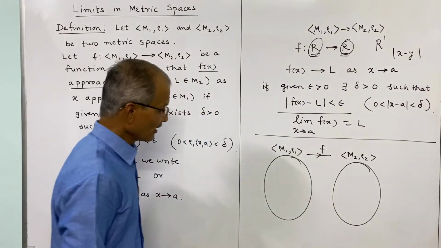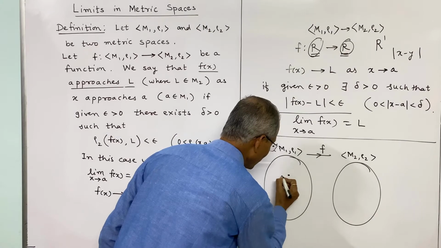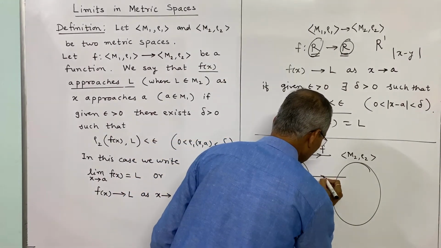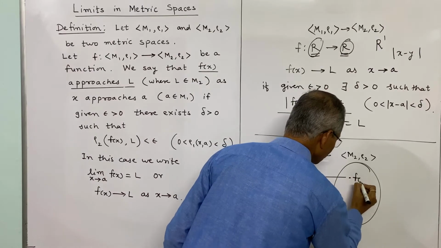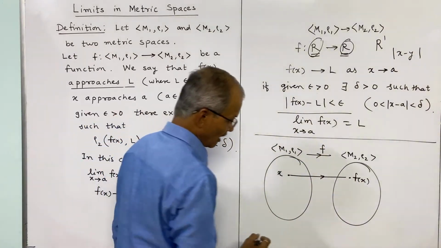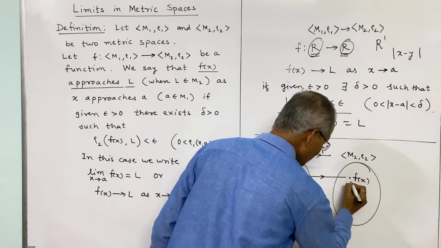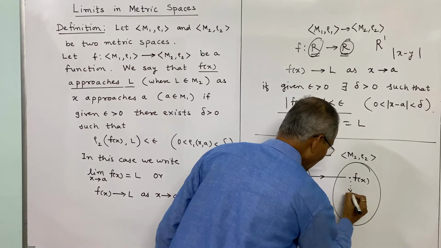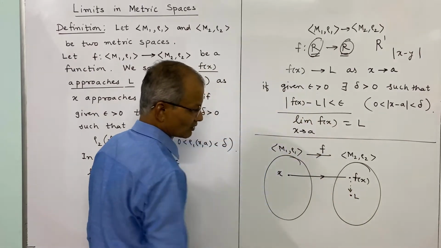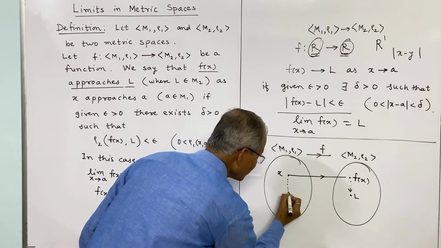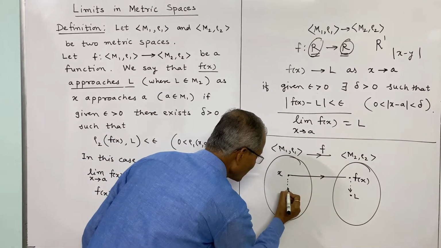Here, say this is a point x, and the image of this will be f(x), and we say f(x) approaches L, this point L, becoming closer and closer to L whenever x becomes closer and closer to A.